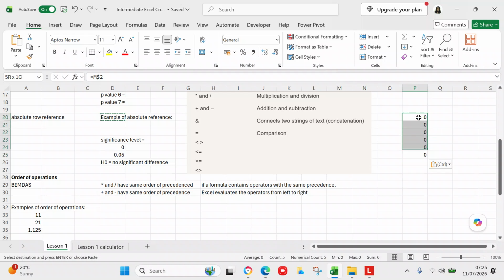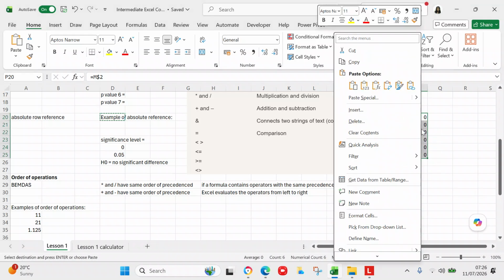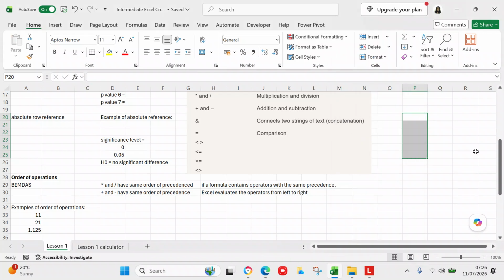So that's just showing you that you can make an absolute reference for your column, you can make an absolute reference for your row, and you can make an absolute reference for your column and your row.